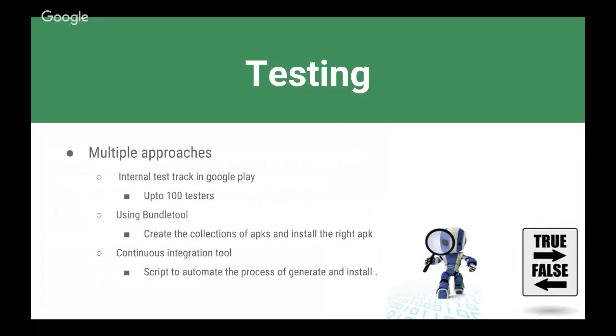Now, in case of testing, there are multiple approaches that one could take here. There's a new track in the Play Store apart from Alpha, Beta, and Prod. We have added a new track called Internal Test Track, to which up to 100 testers can be added, and you can upload an AAB and it will immediately reflect.